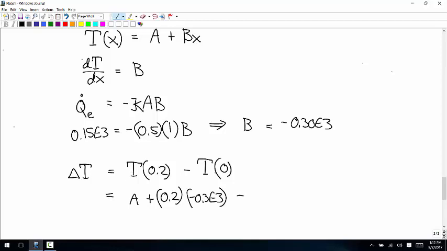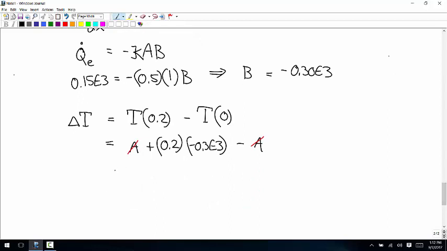And then at the thickness of 0 at the other end of the wall, we just have A. So those A's cancel out. And we get a change in temperature of 0.2 times this. So negative 0.06 times 10 to the third, 60 K.